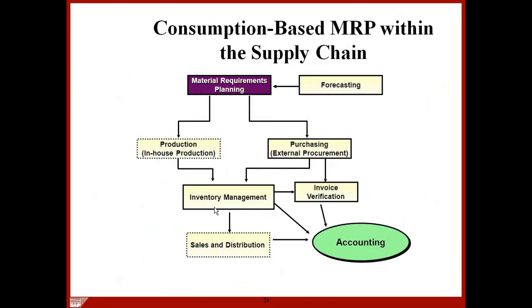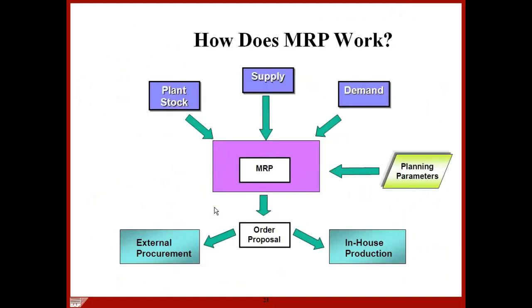This is from the MM perspective: how to use this, what are the settings required, what are the configurations required, how to generate an order proposal automatically. So all these things we will discuss in CBP, consumption based planning.